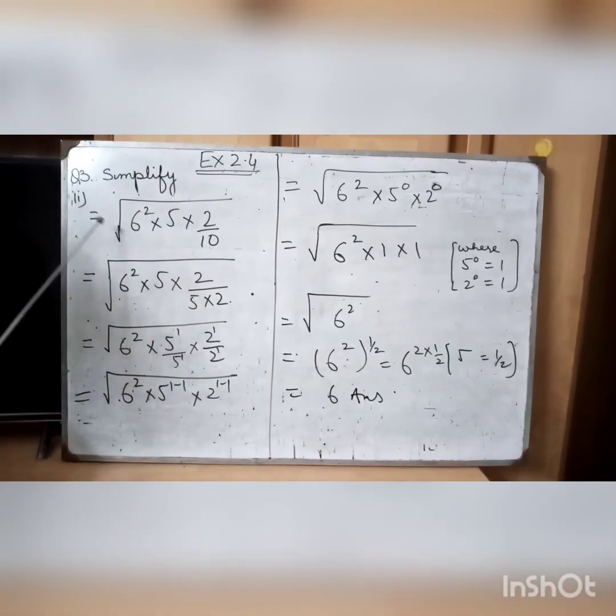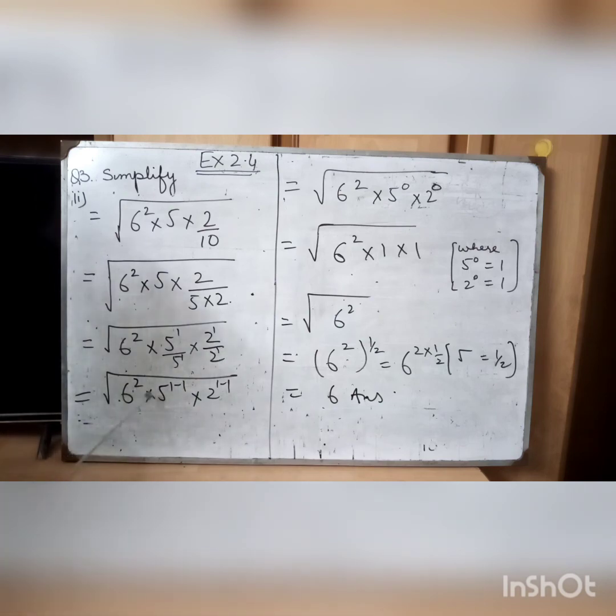After simplification, we have square root of 6 square multiplied by 5 multiplied by 2 over 10. Then the prime factors of 10 are 5 multiplied by 2, so we arrange them in this form: square root of 6 square multiplied by 5 over 5, 2 over 2.